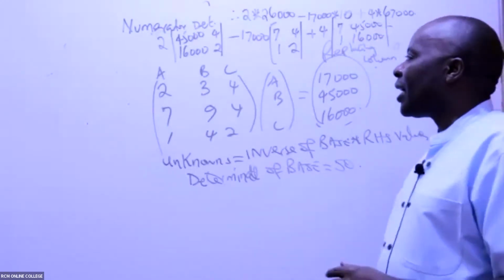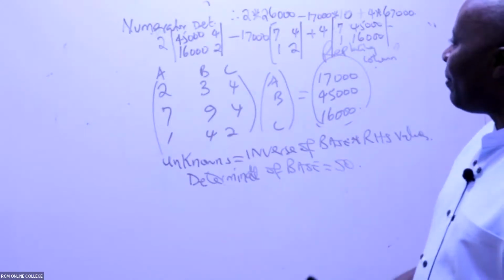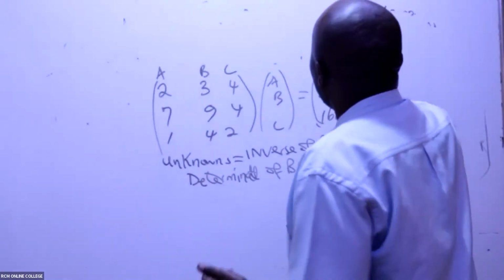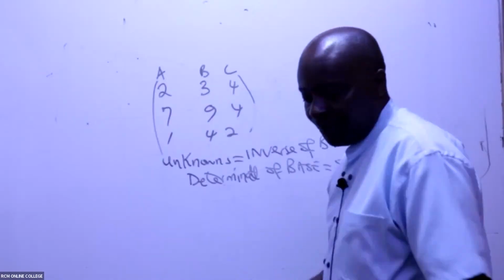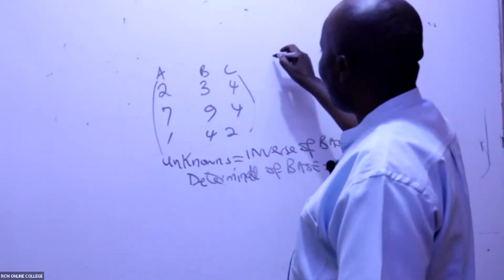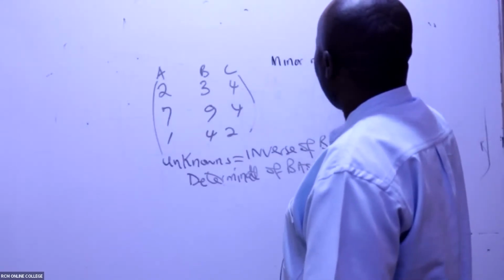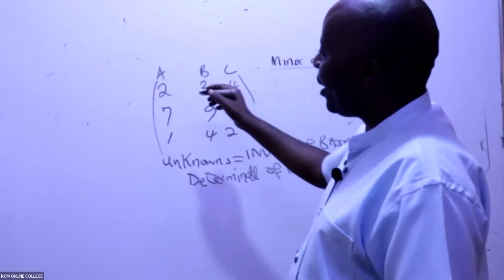So come straight away and give us the minor matrices, the smaller matrices. How do we get them? It's about hide and seek. So we have here the minor matrices, what we are calling the M. Come and use the hide and seek.